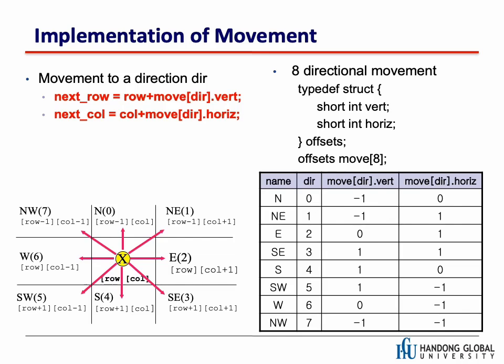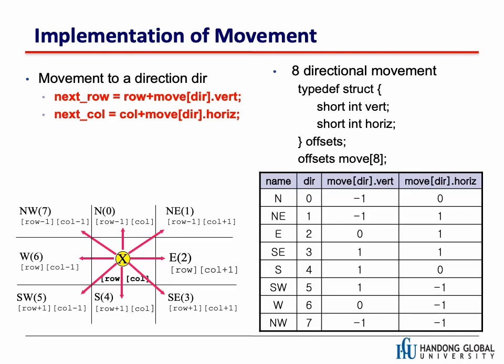In this structure, we have a vertical and horizontal. Depending on the index, we will have a different combination of vertical and horizontal. For example, if the index is 0, then the vertical is -1 and horizontal is 0. So this direction is the north side.